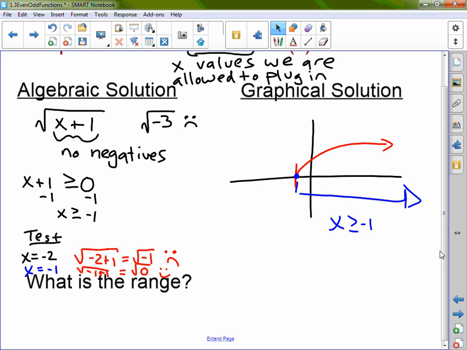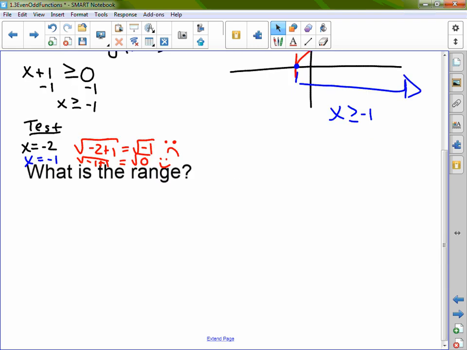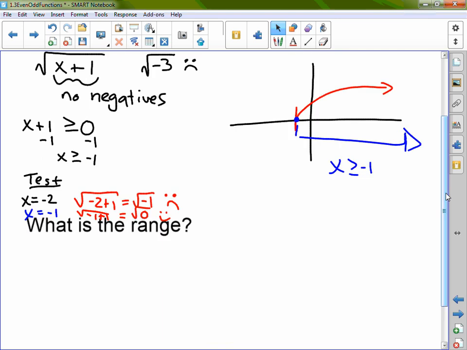So now if we're talking about range, it's very similar. Remember, range is the y values that pop out. So going back to our picture, which I'm just going to use this one that I drew because I minimized my calculator and I want to keep this brief, the range is the lowest y value to the highest y value.